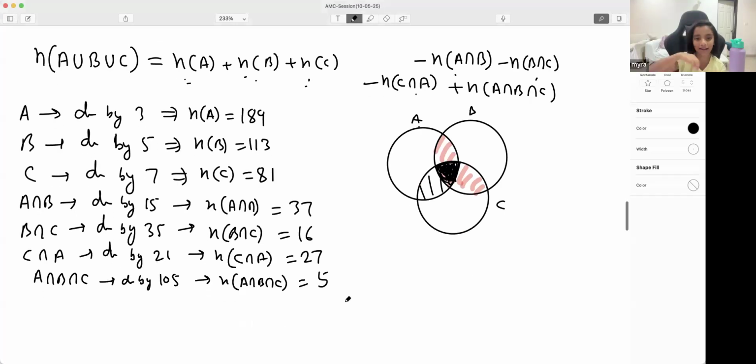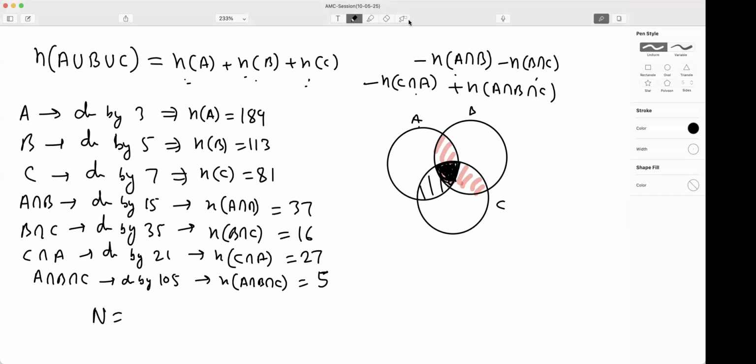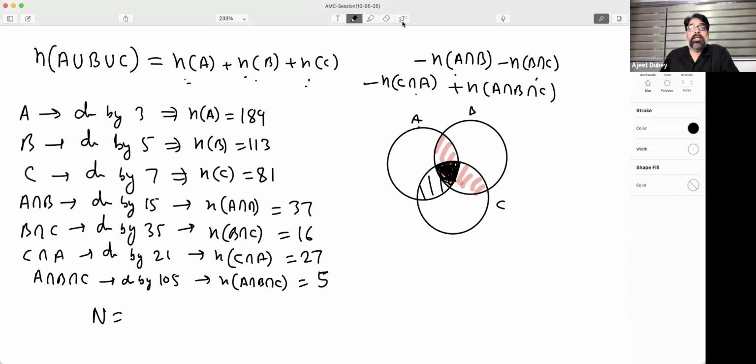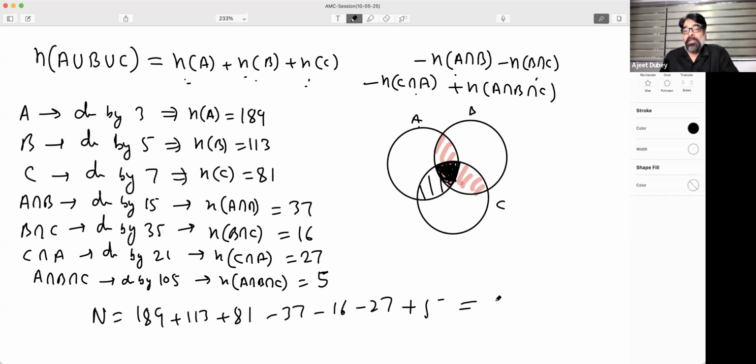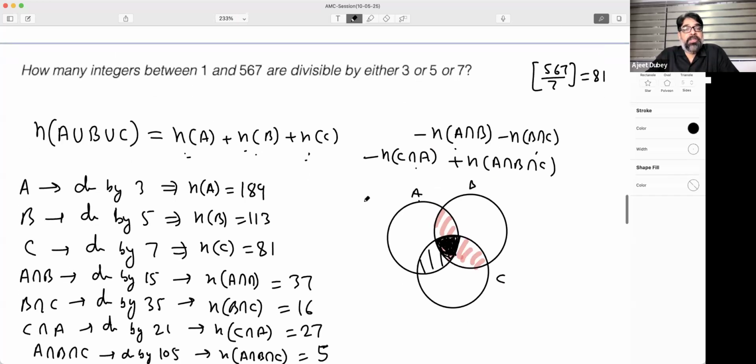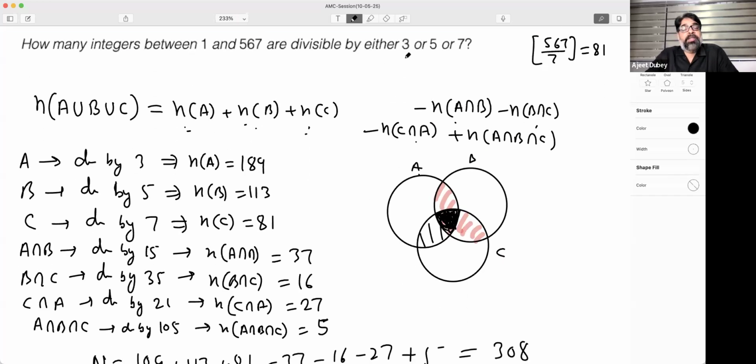I meant to write 81, but I accidentally wrote 89. So this is 189 plus 113 plus 81 minus 37 minus 16 minus 27 plus 5. That will give you, I think, the answer 308. I hope it's correct. So 308 numbers are there which are divisible by either 3 or 5 or 7.